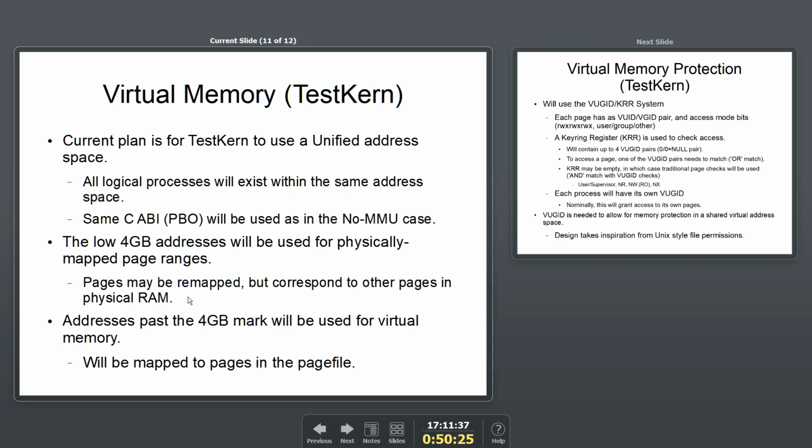That might change in some future implementation, but in the current implementation, the MMIO ranges are pretty much hardwired. Addresses past the 4 gig mark will be used for virtual memory, and these ones will all be mapped to pages in the page file.